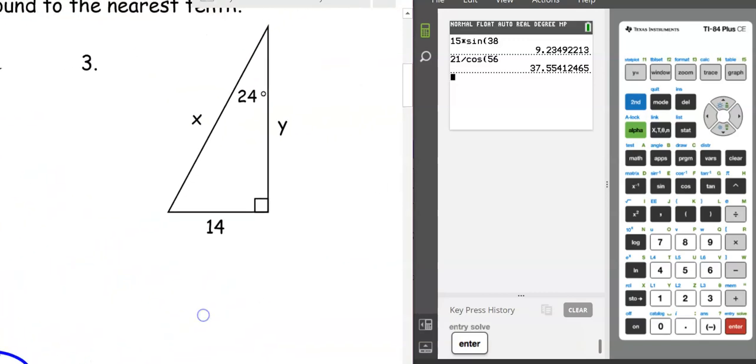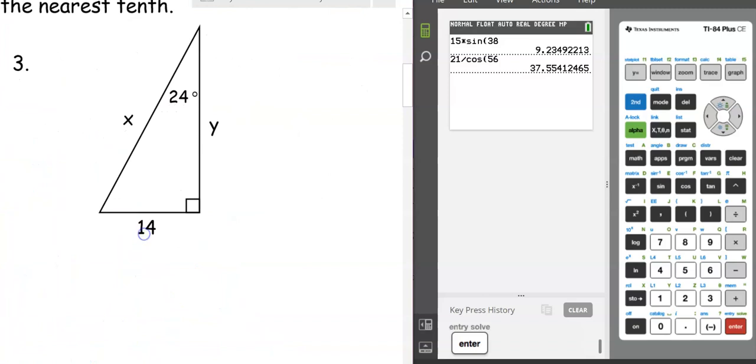For number 3, we have x and y. Okay, so let's solve. If this is our point of reference, then we have our opposite, adjacent, and hypotenuse. If we solve for x first, then we need to use the side that has the number and x. So we're going to use sine of 24, which is opposite over hypotenuse.